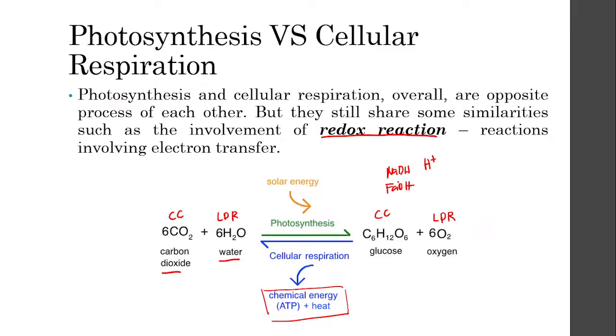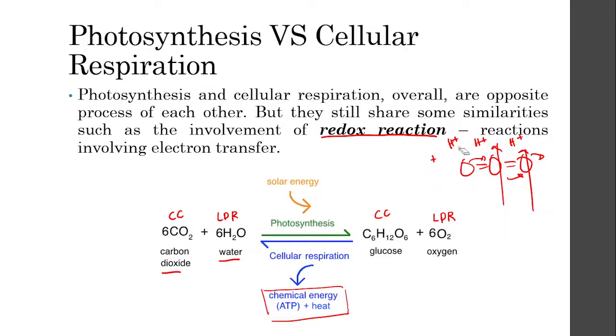So when the NADH and the FADH2 pass on to, if you guys remember, your basically 3 complexes, and then they keep passing this H plus, this electron, and what happens is it keeps pumping protons outside the mitochondria. I'm not sure if you guys remember, but that's what's happening in cellular respiration.